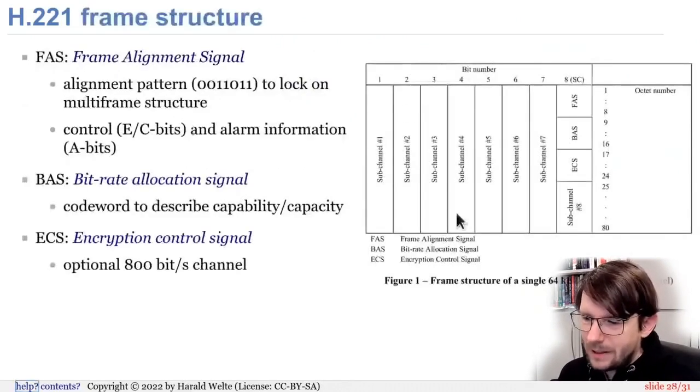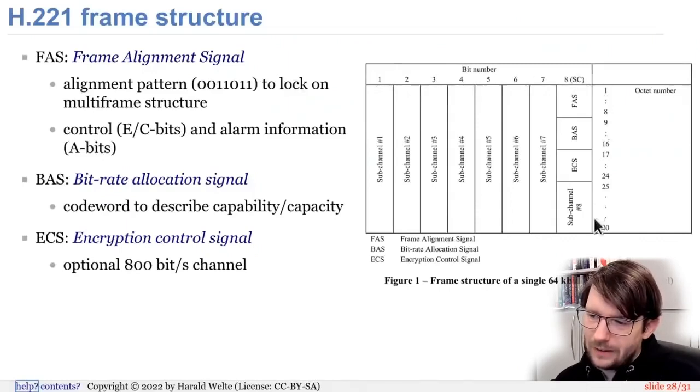The frame structure is given here on the left-hand side. We have the 8 bits on the horizontal side, and we have the octets on the vertical side here. And we can basically see that the sub-channels are divided by bits. So bits 1 to 7 of each byte each form one sub-channel.